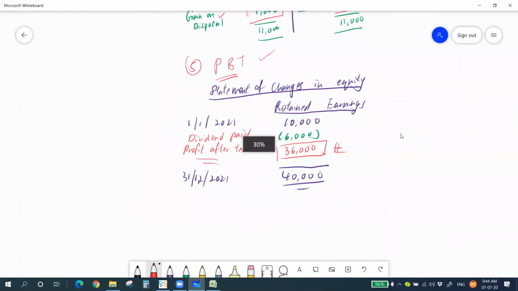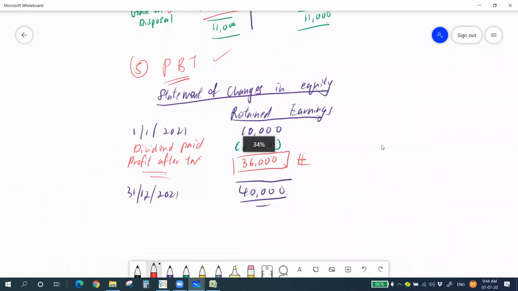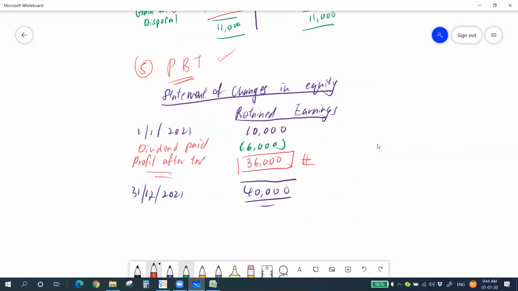So we also aware that the working profit before tax, we will minus the tax of the company, so we get profit after tax. So profit after tax we know is 36 million.